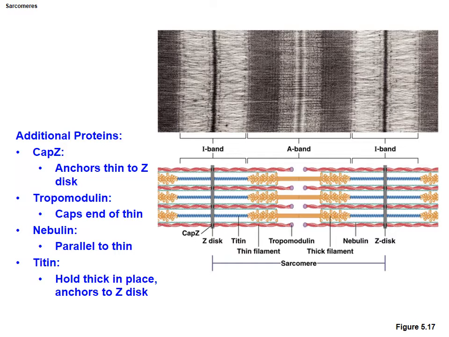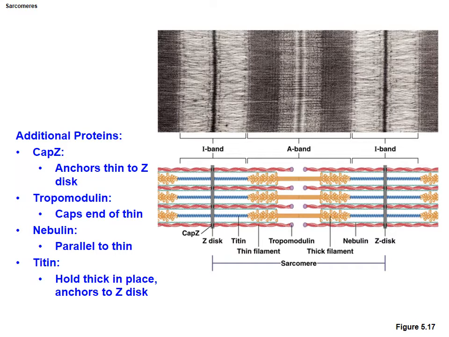Tropomodulin is a cap protein that you'll find at the end of the thin filament. Nebulin will run parallel to the thin filament, allowing it to be stabilized. And titin will hold the thick filament in place by allowing it to anchor onto the Z disc.